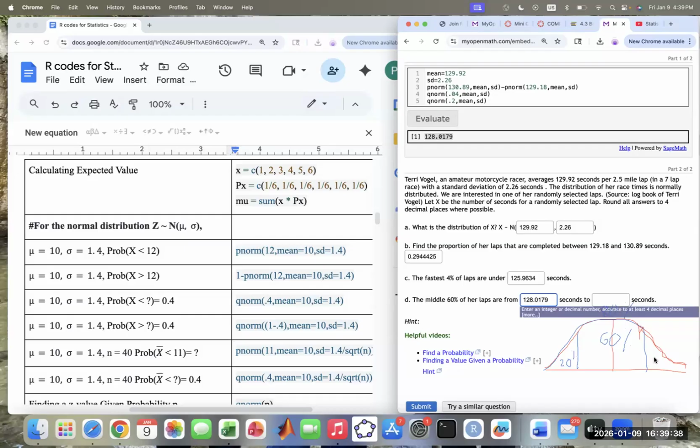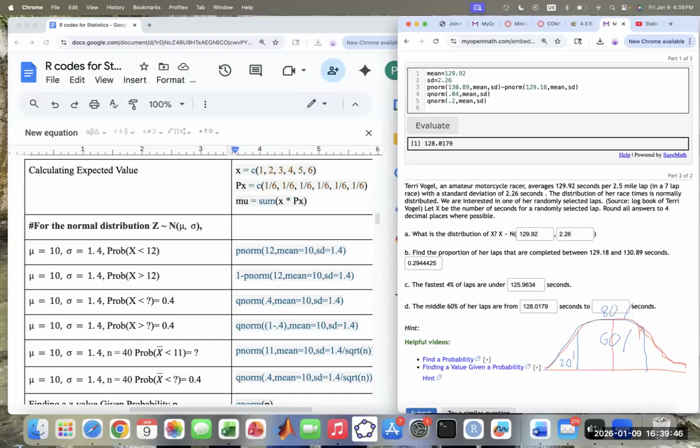Then on this side we do the lower 80%: qnorm of 0.8, and then the mean and the standard deviation.